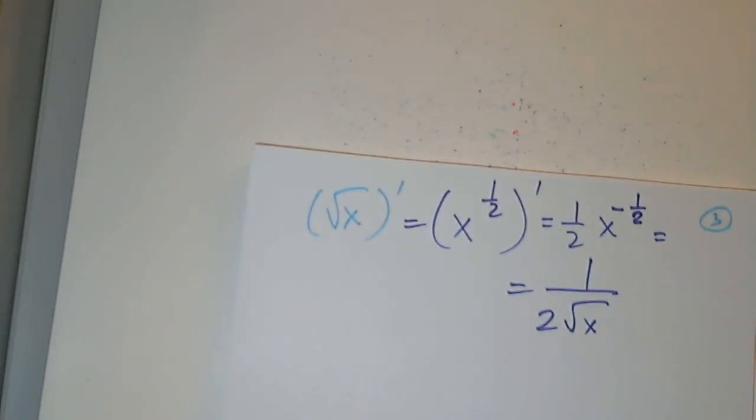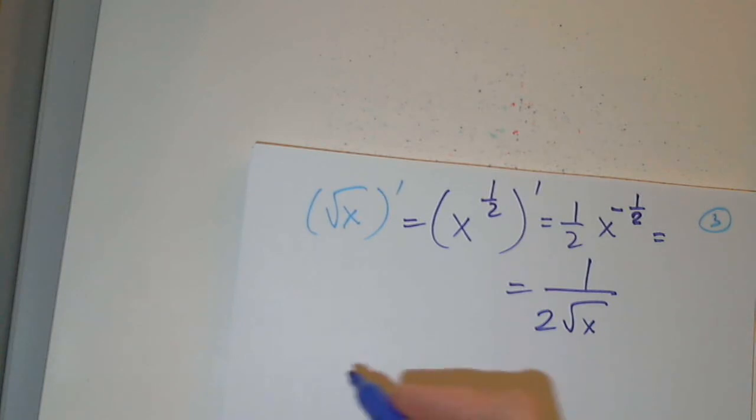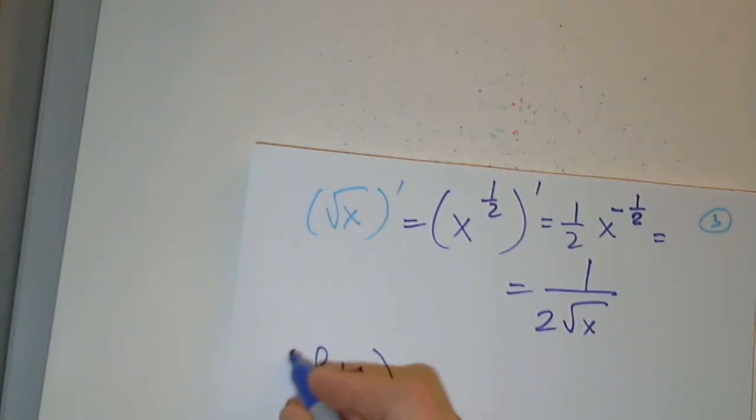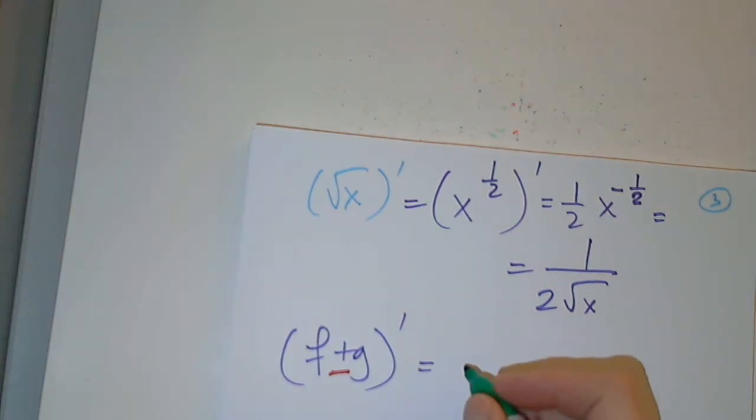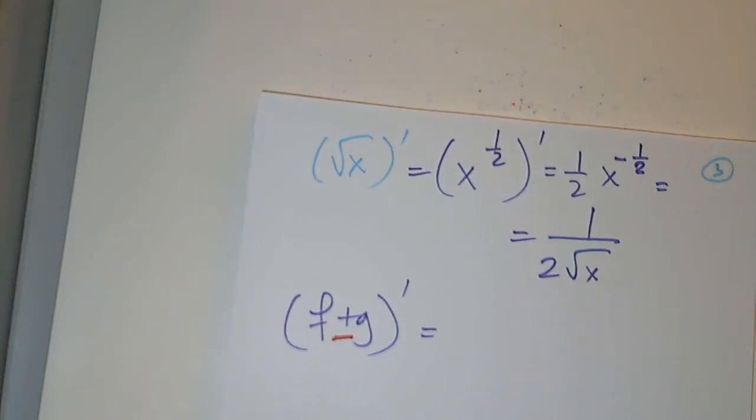Here's another rule. It comes from the limit laws. Let's say we have a function plus another function, prime, or let's say we subtract. Can anyone give us the idea? How do we determine the answer? The derivative is a limit, so it's the same rule.